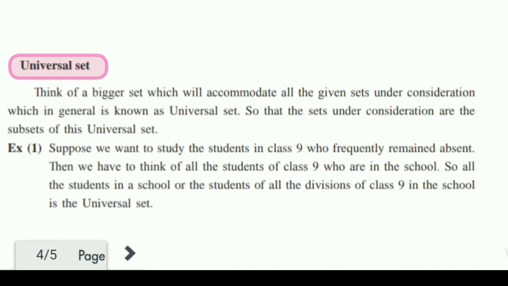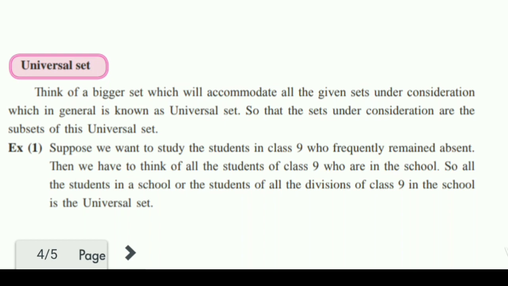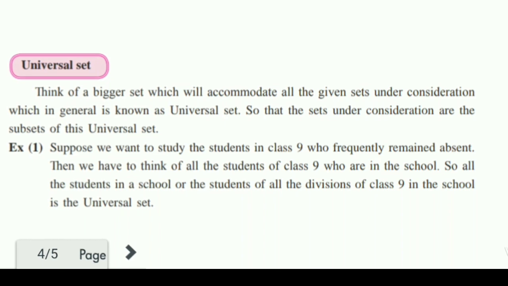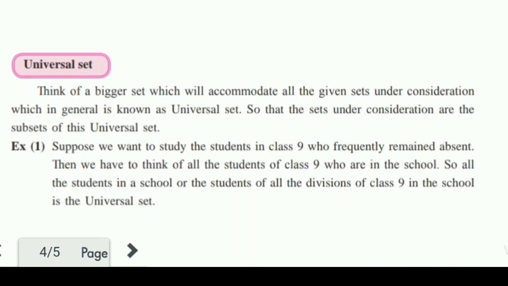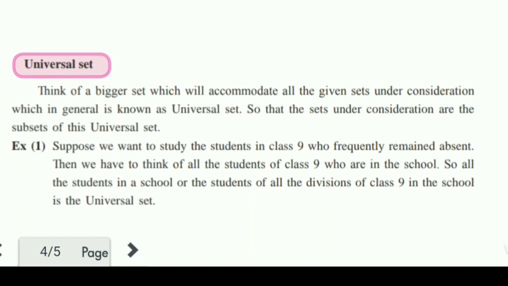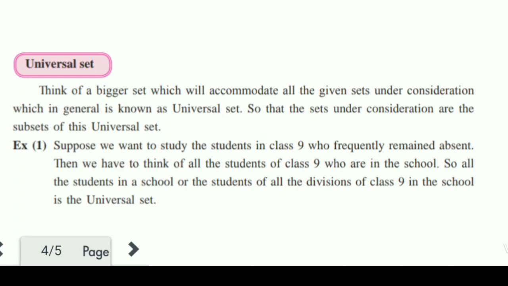Then we have to think of all the students of class 9 who are in the school. So all the students in the school, or the students of all the divisions of class 9 in the school, is the universal set. Okay, it is easy. We will see the examples in practice set 1.3.